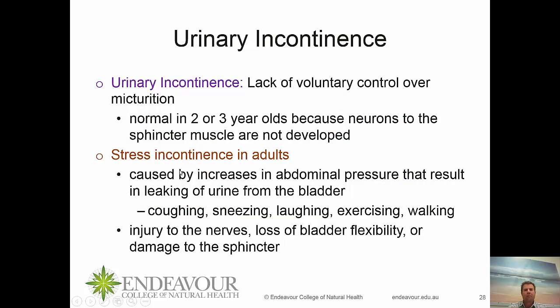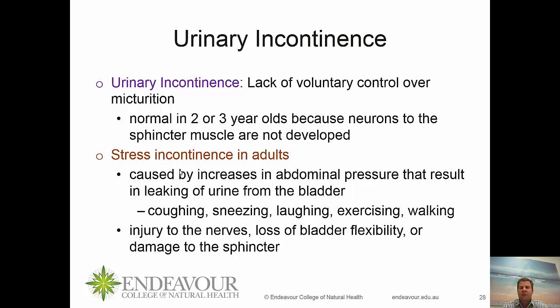Okay. So, problems with urination is urinary incontinence. Okay. So it's a lack of voluntary control over micturition. And this is essentially toilet training in younger people. They need to learn how to contract the external voluntary sphincter. And it's not just a learning thing. It's also a function of the nerves innervating that sphincter as well.